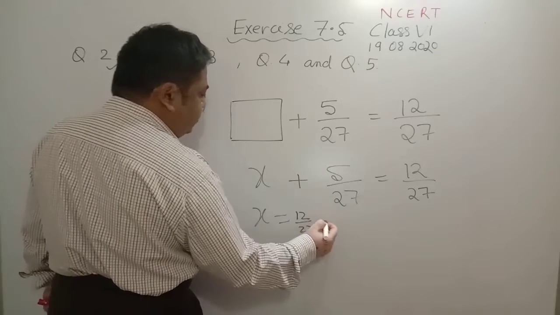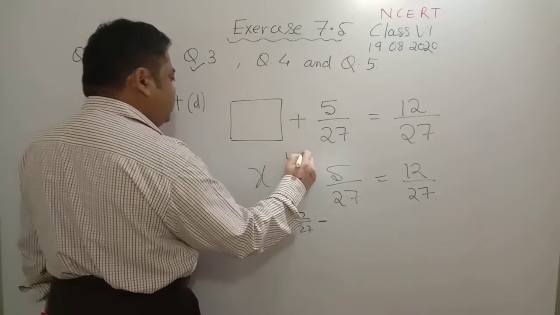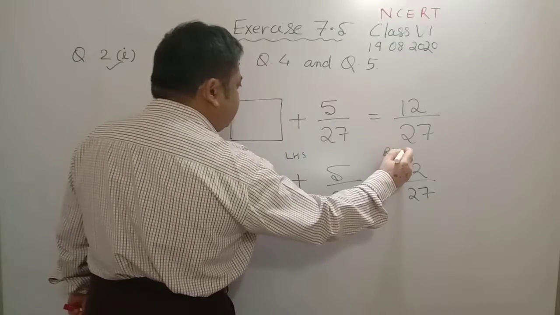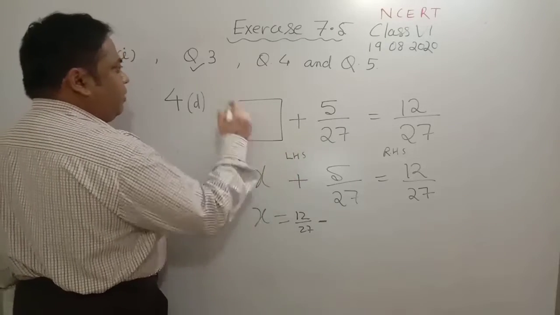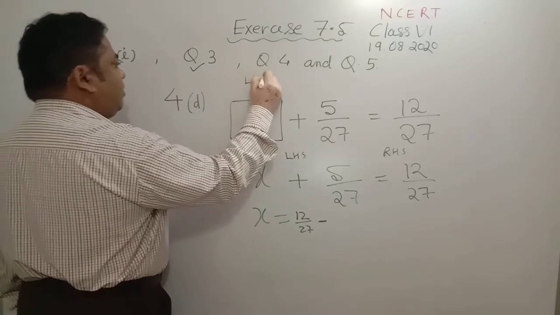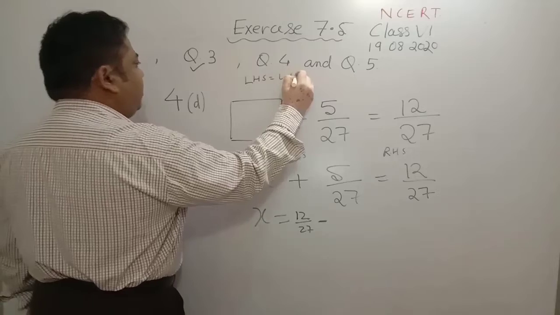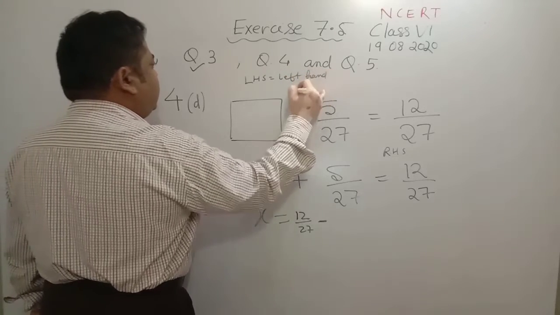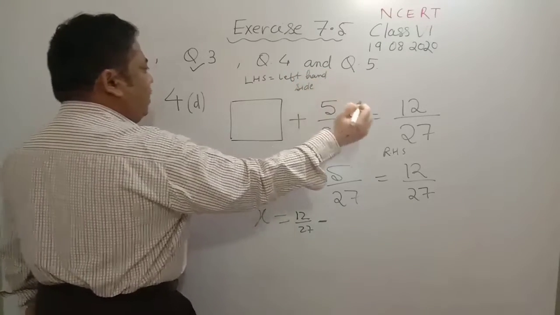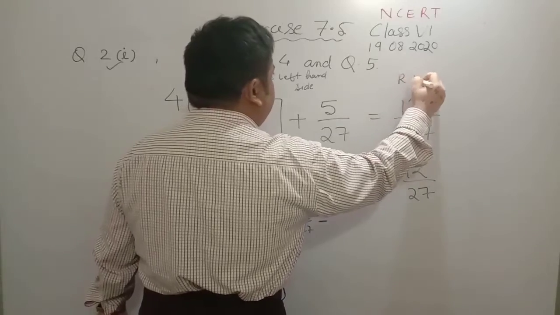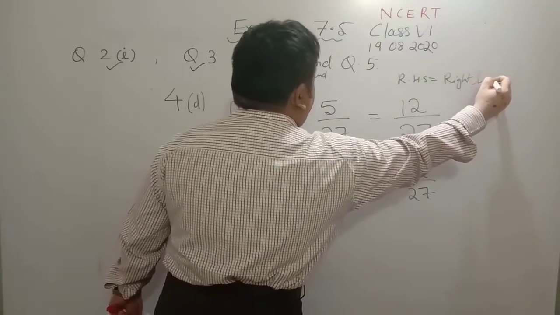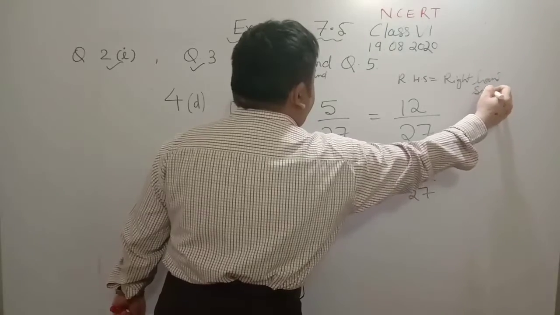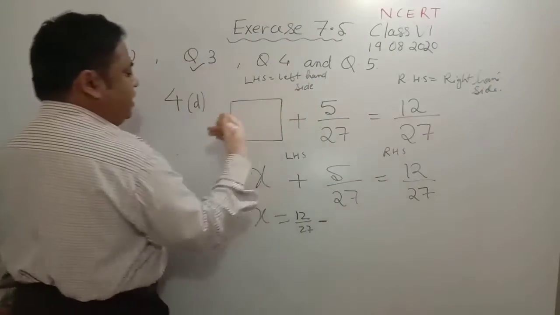this will become minus because it is going from LHS to RHS. LHS means left hand side and RHS means right hand side. This is right hand side, this is left hand side.